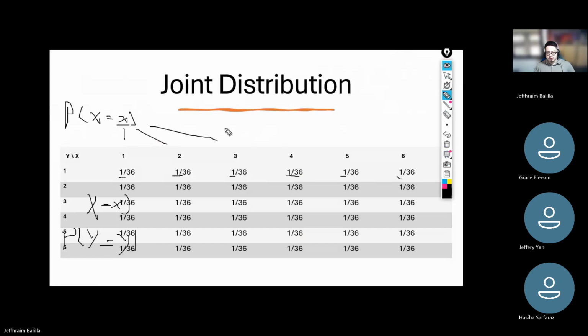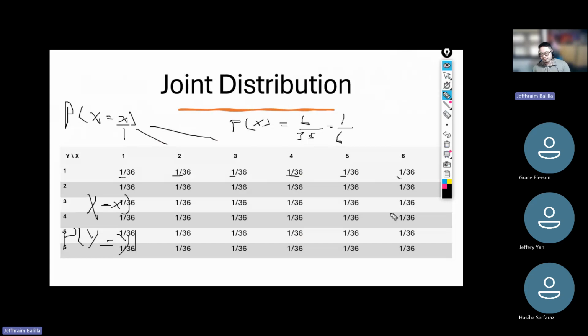So you have p of x, the marginal probability of x, equal to 6 out of 36, right? Which is equal to 1 out of 6 in a simplified form. It's actually totally the same as with y. So you see the marginal probability of x is just the same, even if you considered it independently, okay?